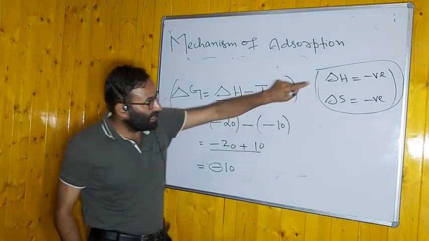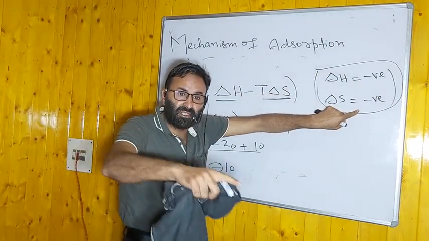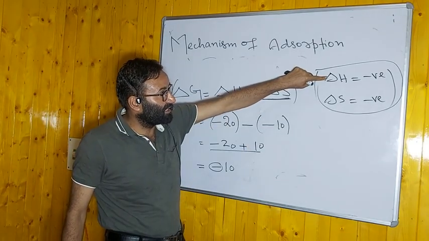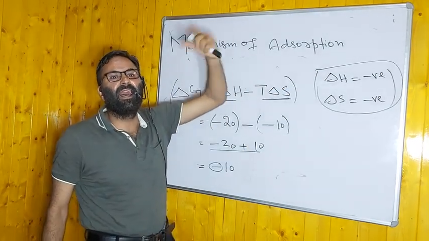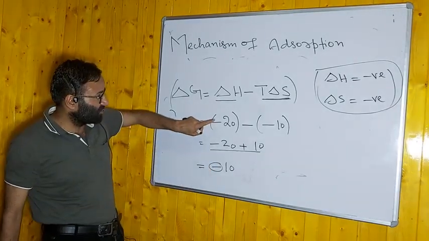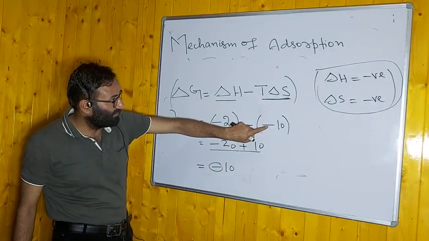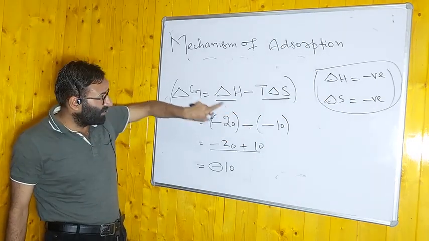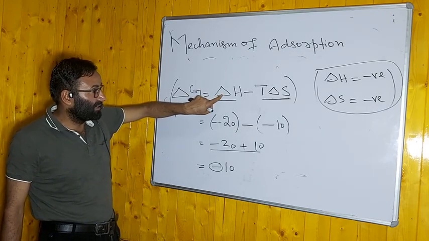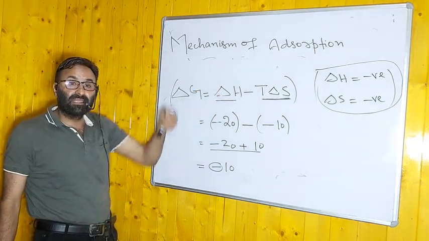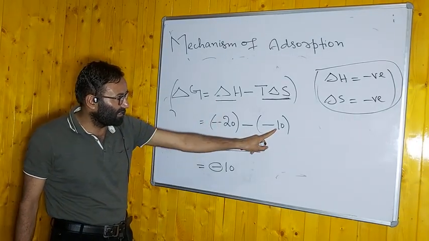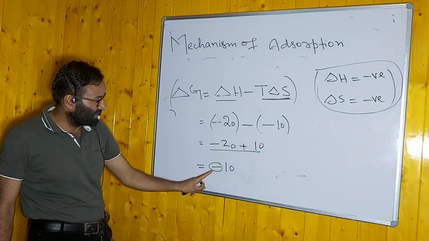It means that although both are negative, for the spontaneity of adsorption, delta H should have a sufficiently high negative value. It should dominate over the value of delta S. It is negative, and delta S is also negative, but delta H should have a sufficiently greater negative value than delta S. At that time, the overall sign will be minus.